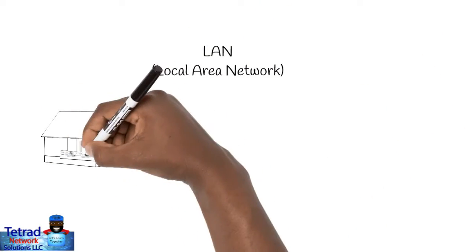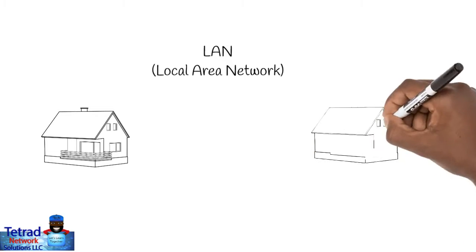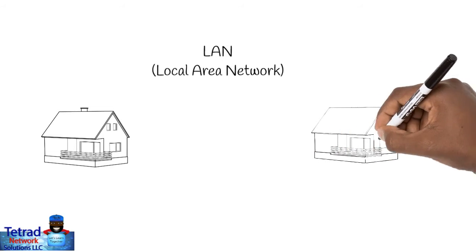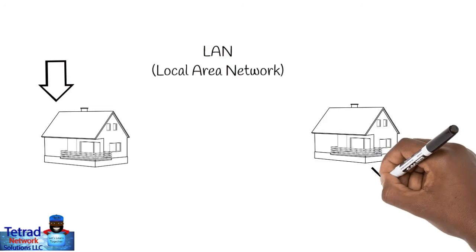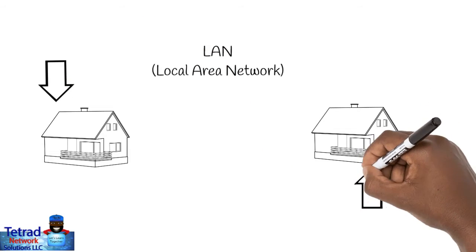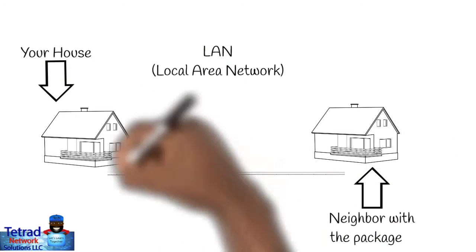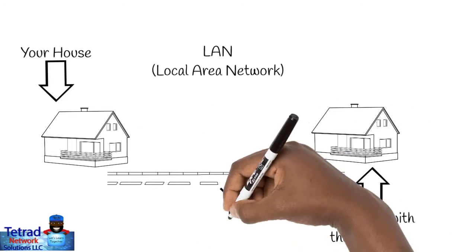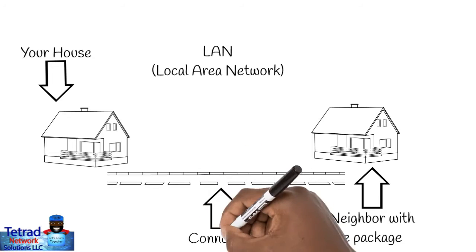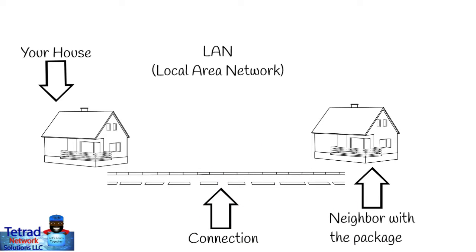That type of setup, with your house there and your neighbor's house down the street, or up the street, depending on the terminology people like to use, and the road in between, gives you a local area network. Reason being, it's just a local connection, almost like a direct connection from your house to your neighbor's house. So it's very simple and straightforward.